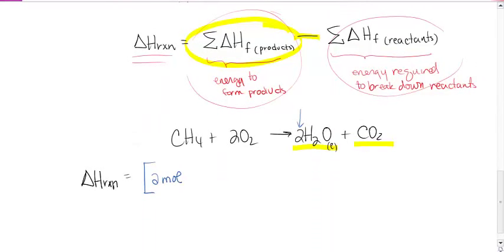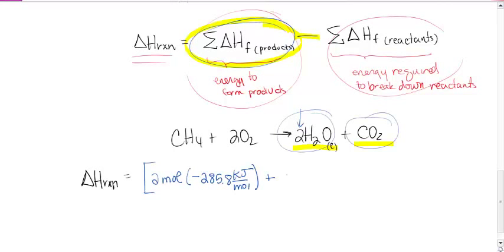So I take 2 moles, now I look on the back of that sheet and find liquid water, H2O liquid, and it says negative 285.8. Notice the units at the top of the chart are in kilojoules per mole. So this is negative 285.8 kilojoules per mole.